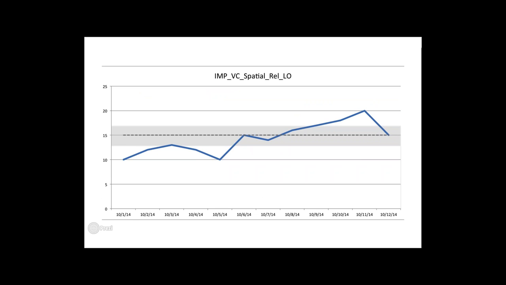So we get a feeling for the baseline, but also for the variability of the metric, because we might have the same average, in this case 15, but the variability of the metric might be huge. So we are within the normal variability of a metric.